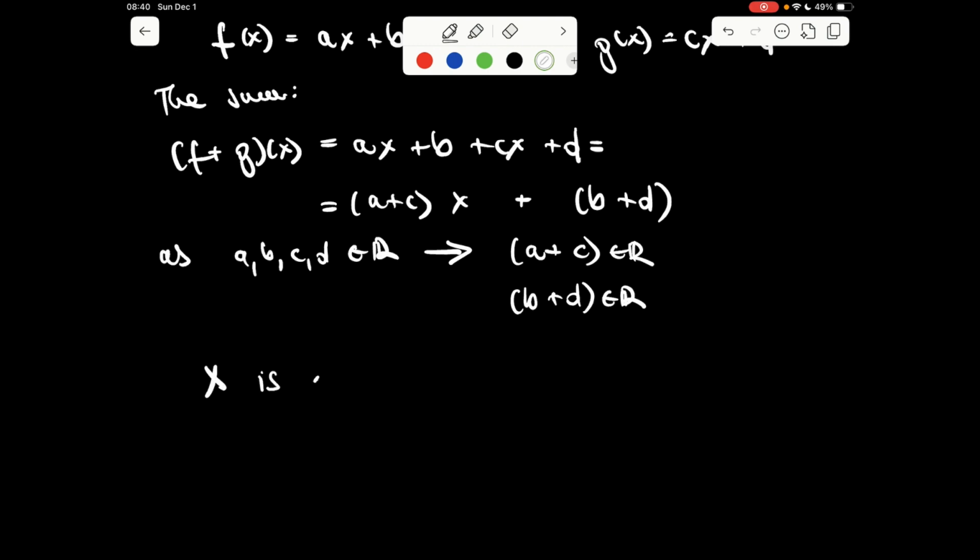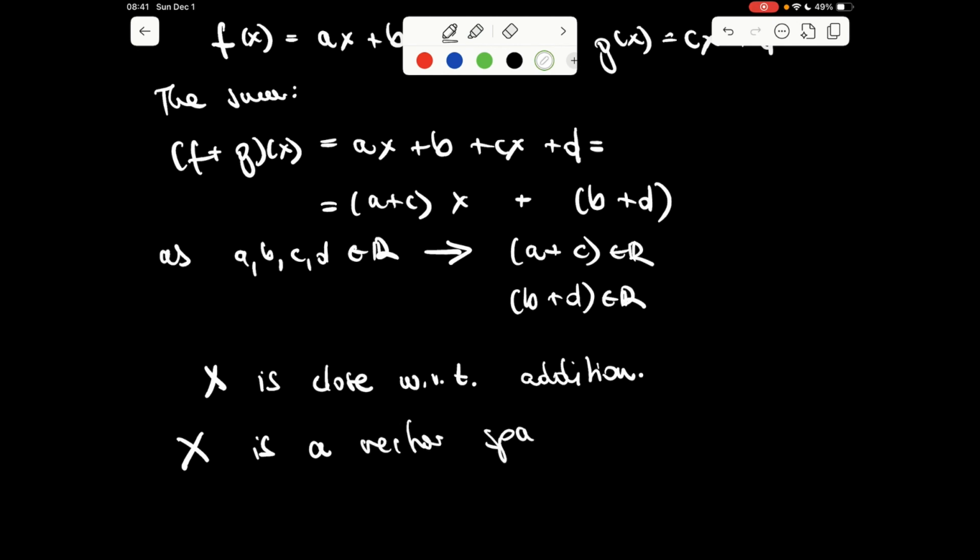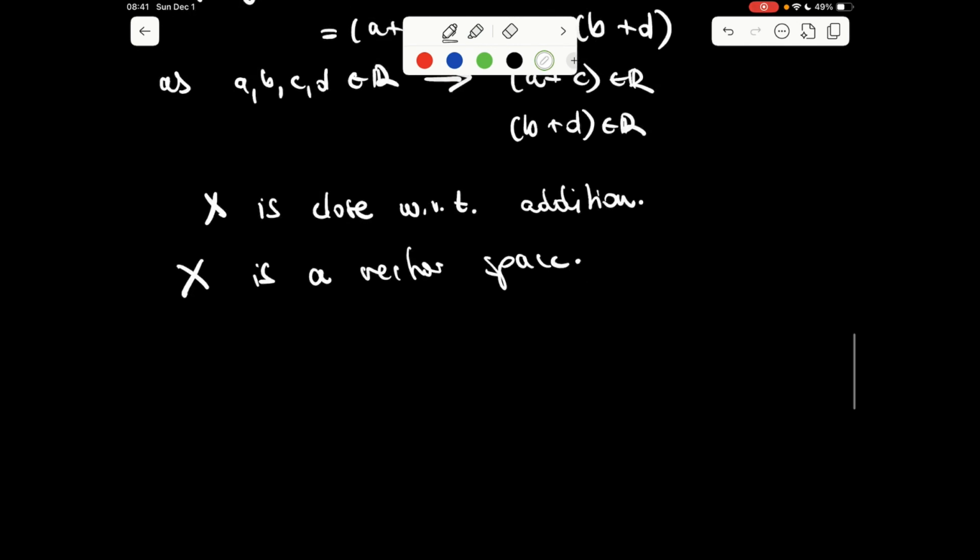So X is closed with respect to addition. So X is a vector space. Hooray! Okay, what are the dimensions? How many dimensions do we have?